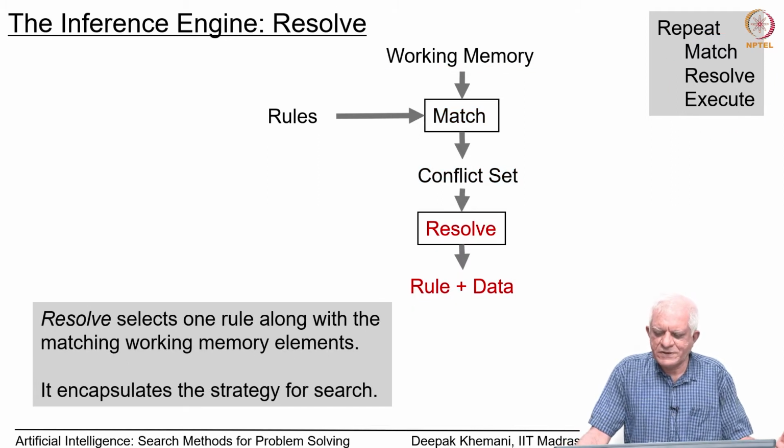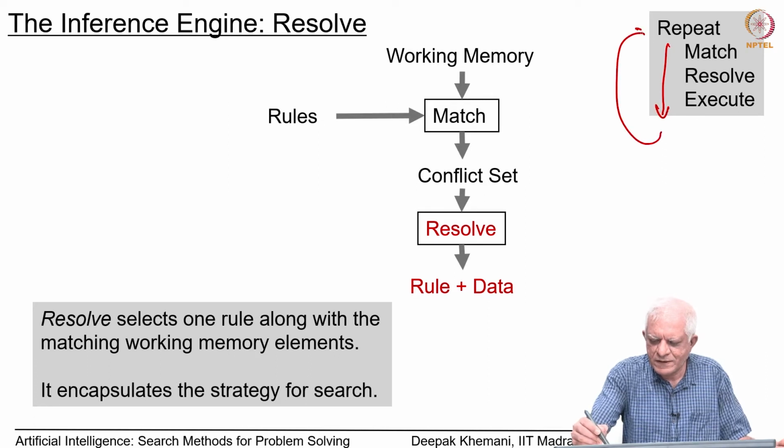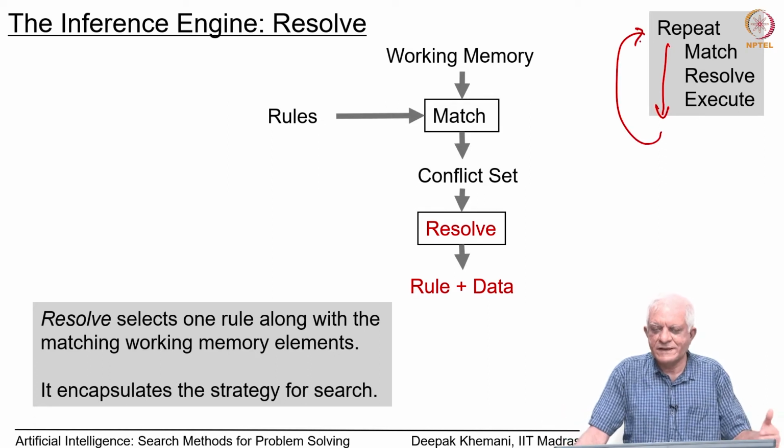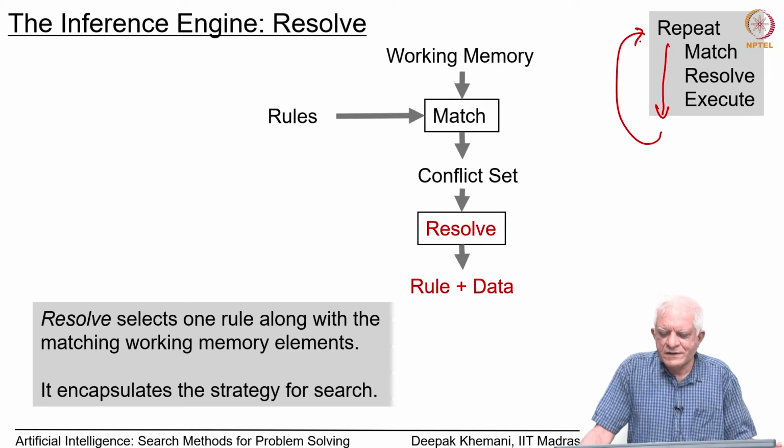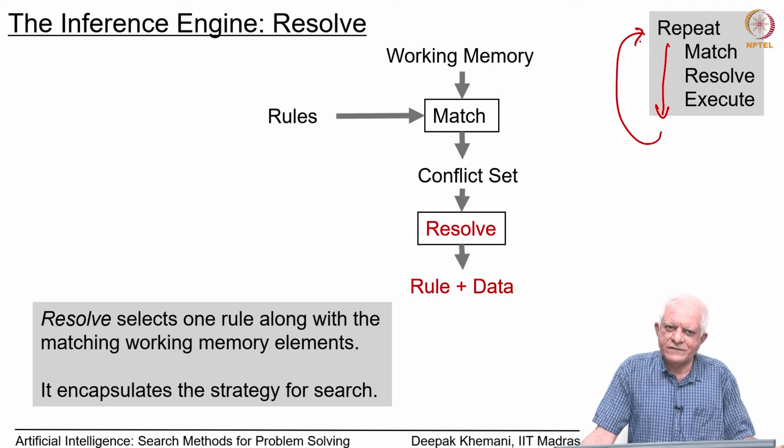So, the next step is resolve. Remember we said that the inference engine is made up of these three things: match, resolve and go back and do this whole thing again. So, the second step is resolve. The resolve component takes the conflict set. Remember that a conflict set is a set which contains rule instances along with matching data, and it picks one from that. It picks one rule along with matching data.